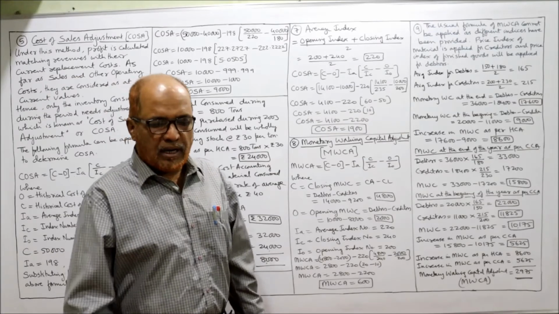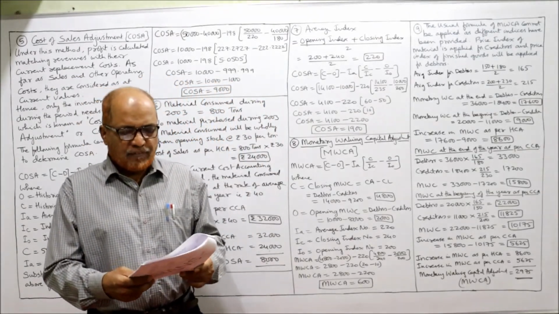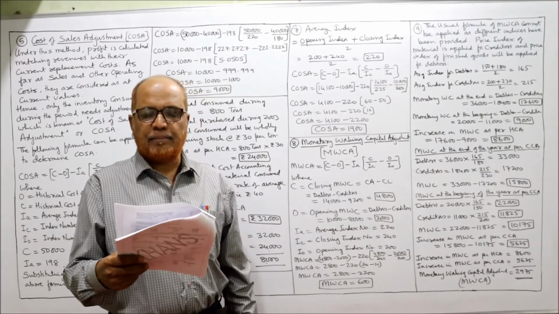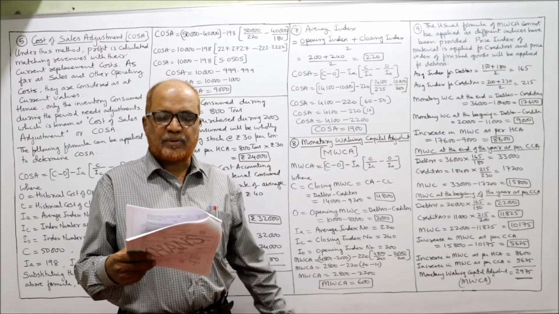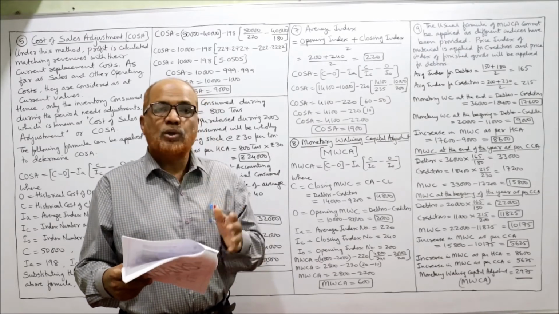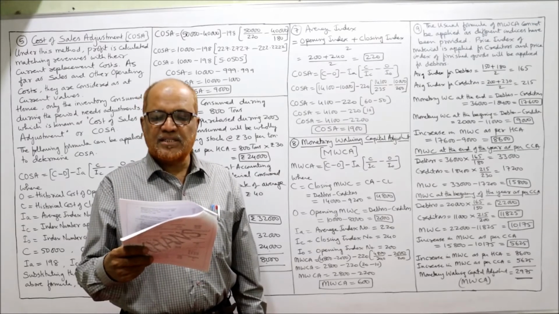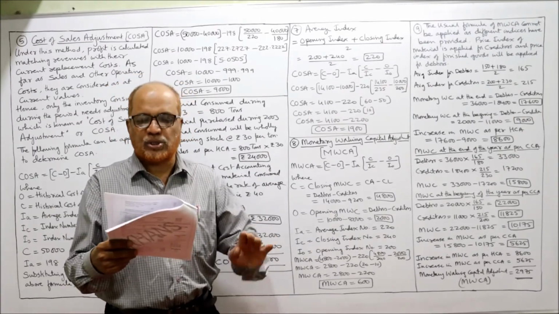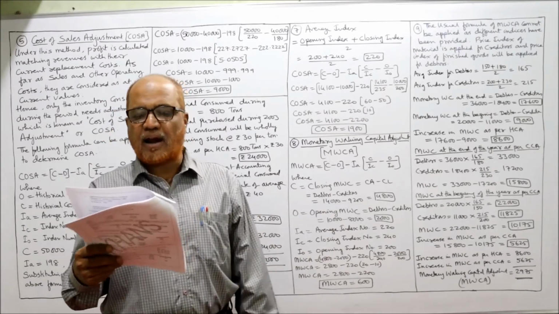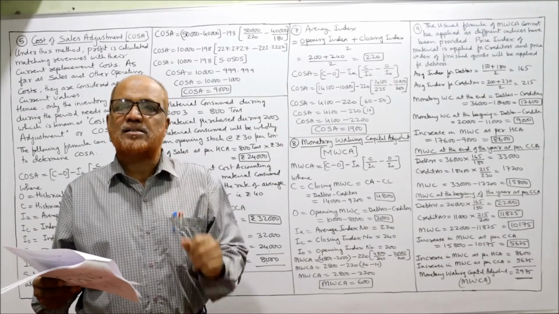That's it. Now, 9th problem. See the problem number 9. From the following information as per HCA, historical cost accounting method, compute the monetary working capital adjustment under CCA method. So here also we have to calculate MWCA. Particulars: January 1st, 1996 and 31st December 1996, opening, closing. Account receivable, account payable. Account receivable means debtors.